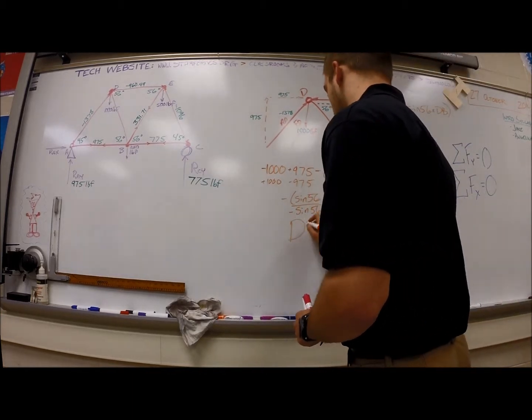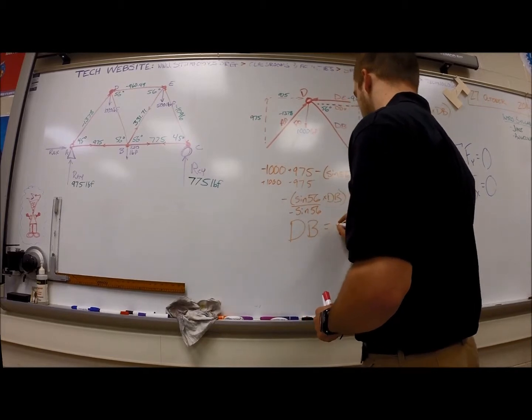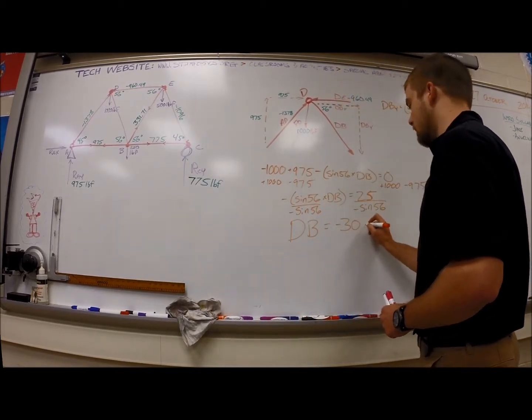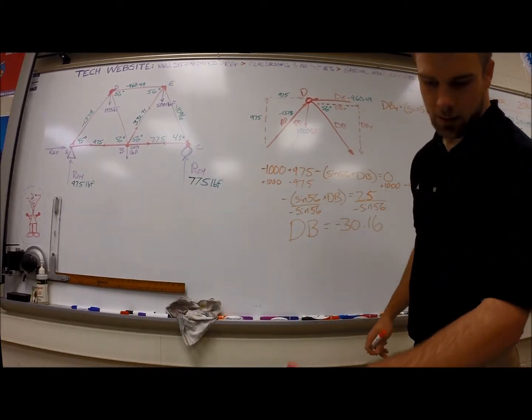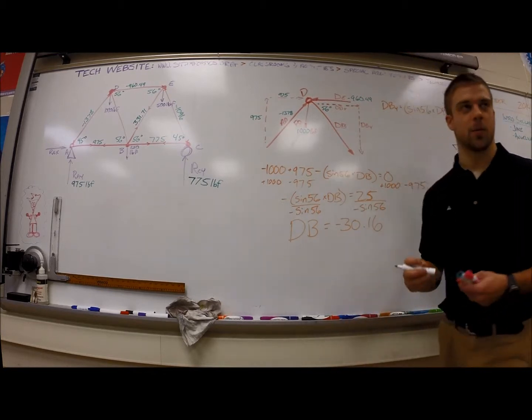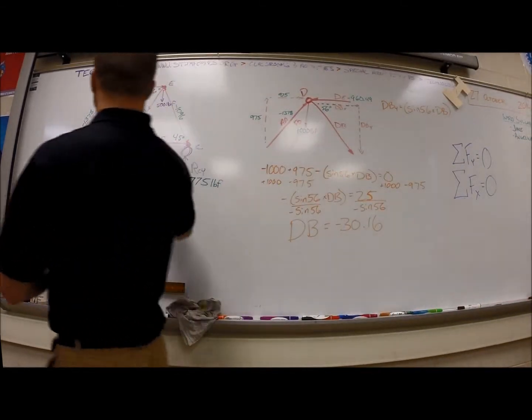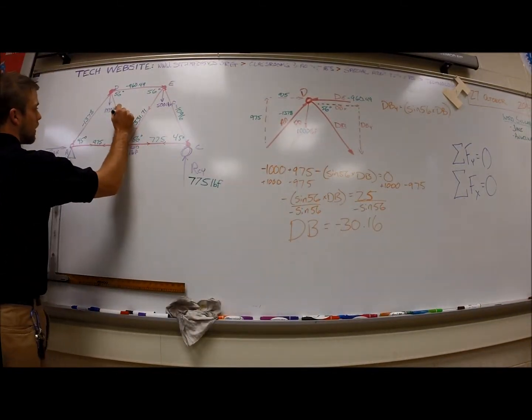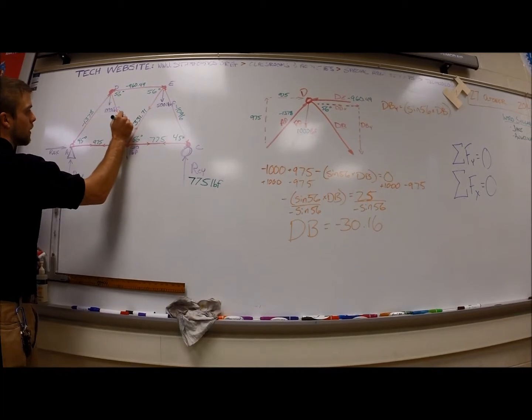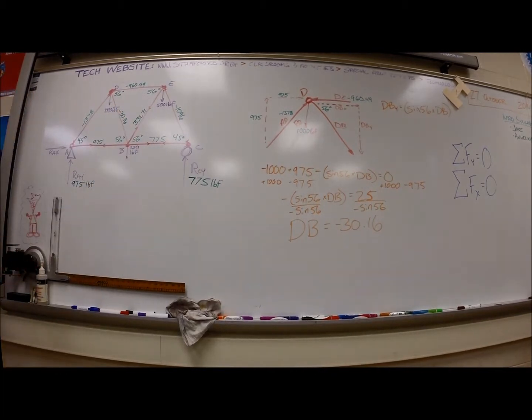It's a negative 30.16. Yeah, works for me. So we have a value for dB, negative 30.16. That one was fairly easy.